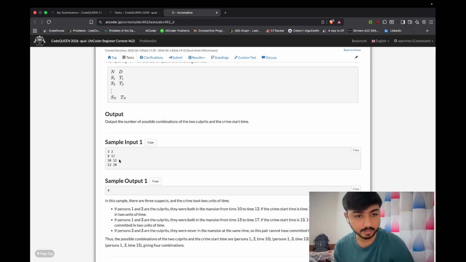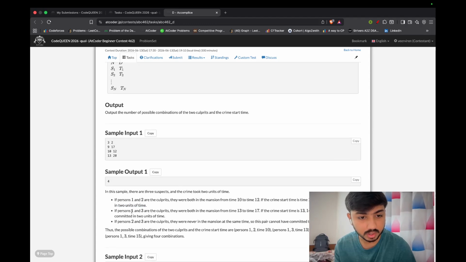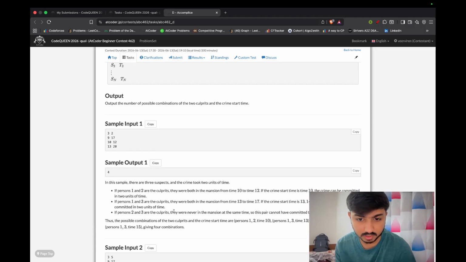If the crime starts at 10, the crime can be committed in 2 units of time. Okay, we took 1 and 3. Yeah, this is also one of the possibilities.